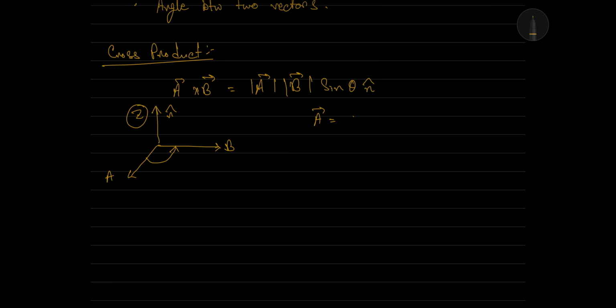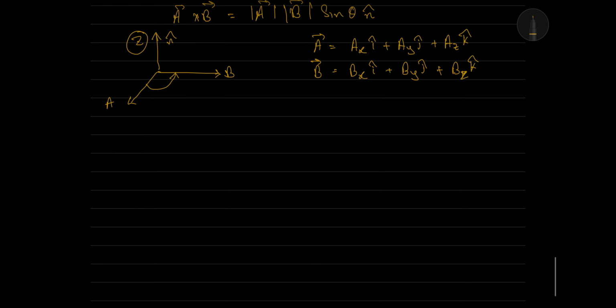Let A vector equal to ax i cap plus ay j cap plus az k cap, and B vector equal to bx i cap plus by j cap plus bz k cap. Then A cross B will be like this: determinant of i cap, j cap, k cap; ax, ay, az; bx, by, bz.